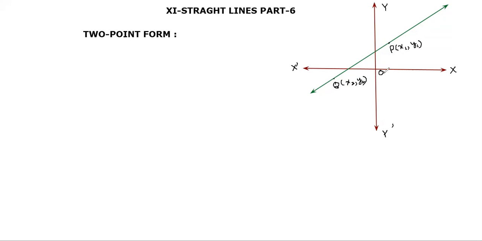Obviously, we have seen that if it is parallel to x and y-axis, then we know how to write it. But when they are having some slope, then only these cases arise.